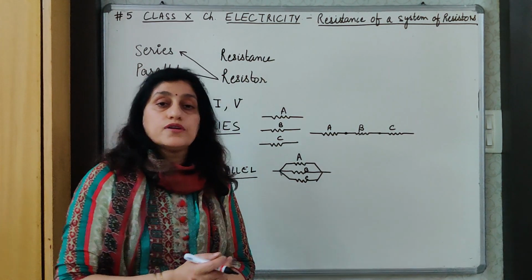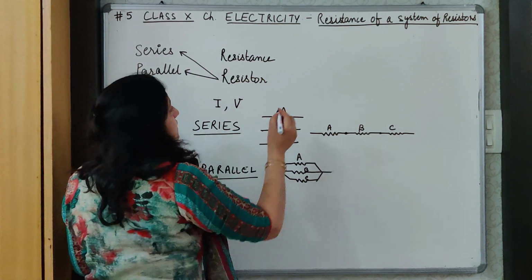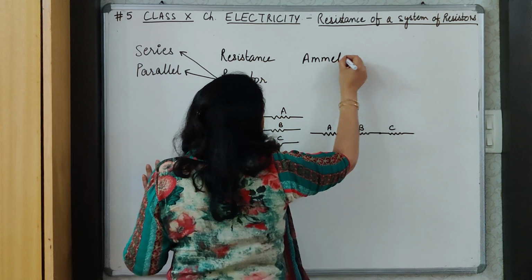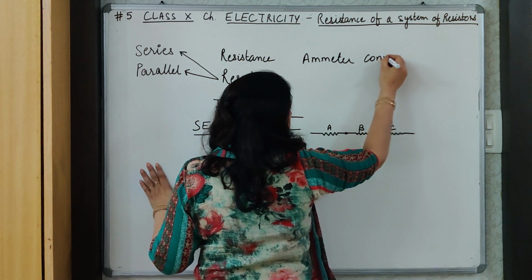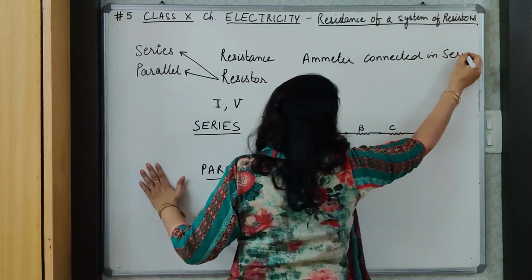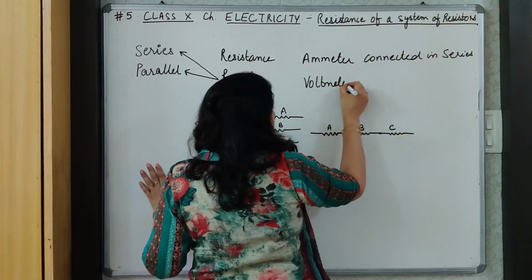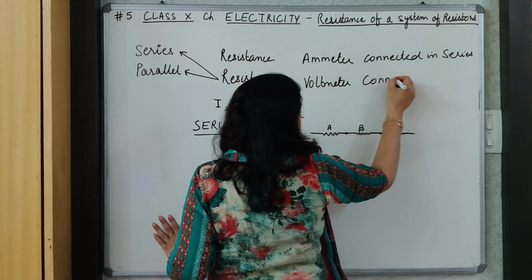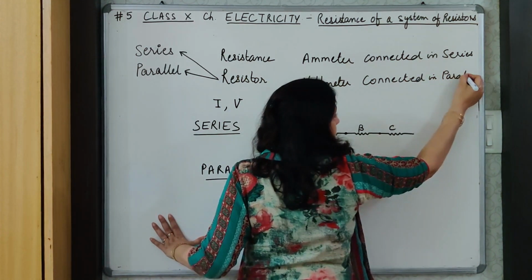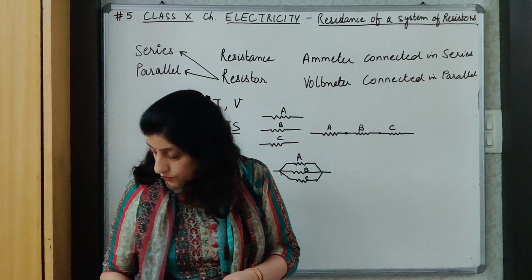After this, if you remember, in the previous video we had discussed that in any circuit an ammeter is connected in series and a voltmeter is always connected in parallel. Understanding this is also very important. So let's see what it is.